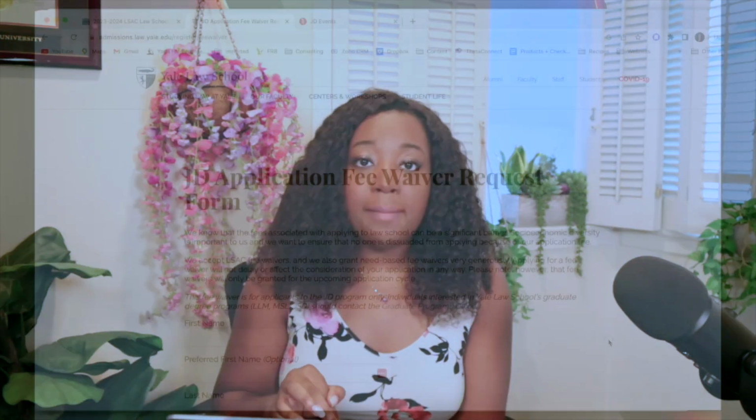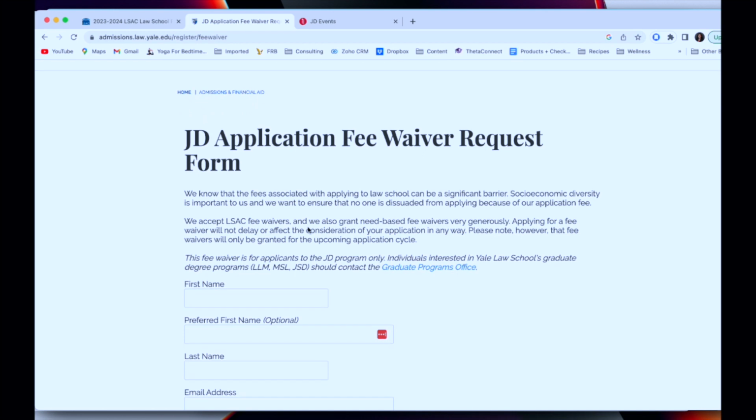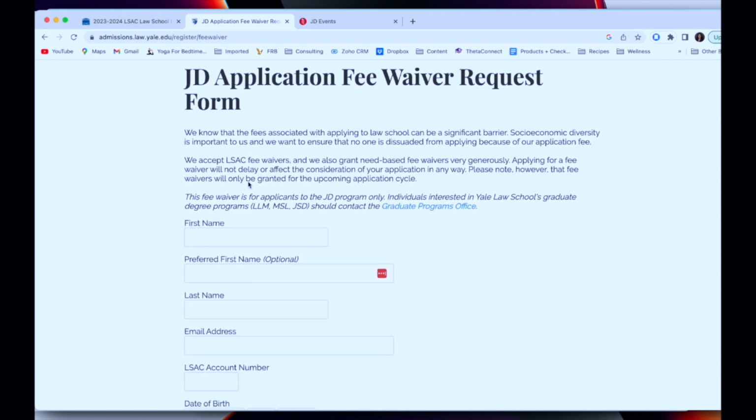There are some schools that have an entire application or request form. So, for example, if you look at Yale University, Yale Law School, they have a JD application fee waiver request form. And I actually remember submitting one of these. Of course, they do accept LSAC fee waivers, but even if you don't have an LSAC fee waiver, you can still apply.